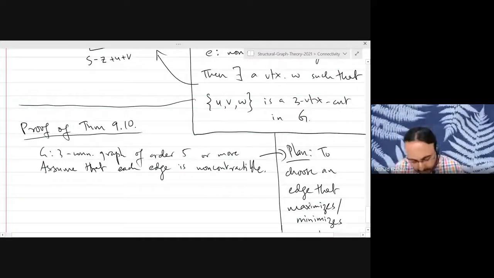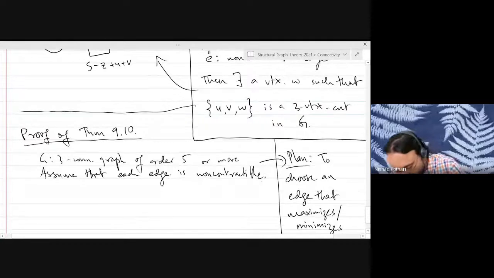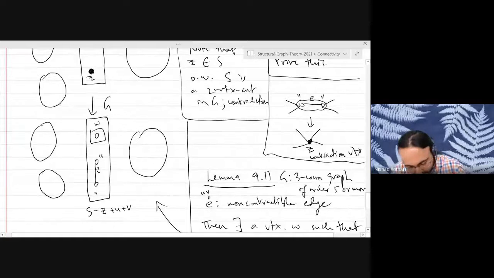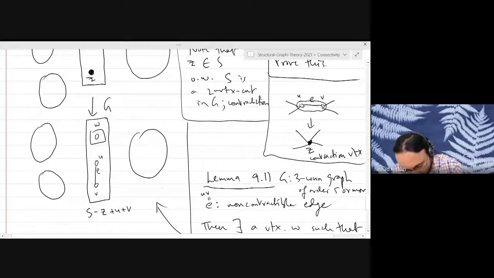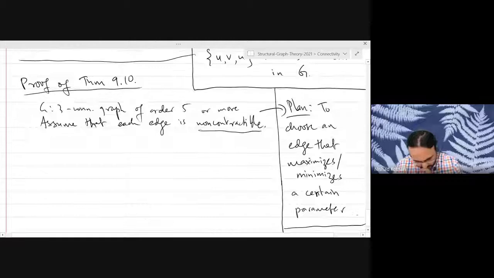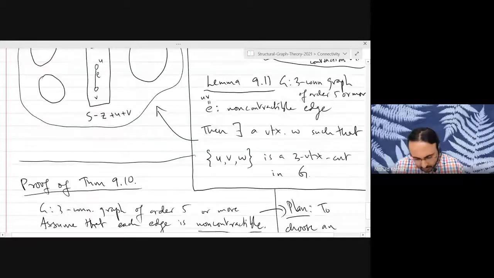So let's go back to the structure of a non-contractible edge. This is what a non-contractible edge looks like. There is a 3-vertex cut with the ends of that edge and some other vertex. And when you delete these 3 vertices, you will get some components. So we will get at least 2 components.